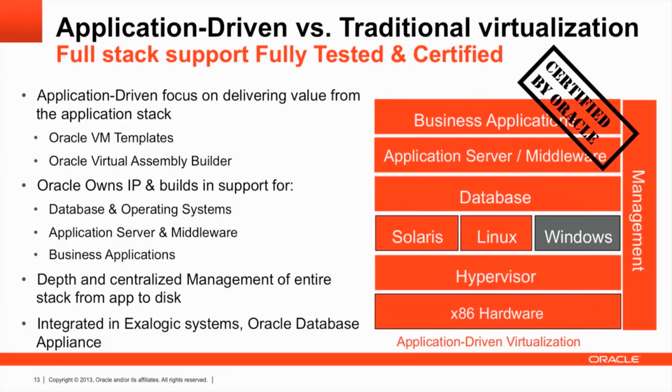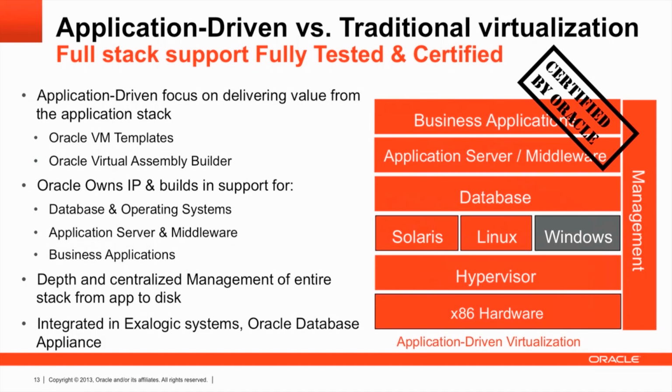Oracle Virtual Assembly Builder is another, and these are the key enablers for allowing for rapid application deployment or rapid private cloud deployment. The second component of that is the hypervisor, or Oracle VM, which has its roots and integrations with the database, the operating system, the application, the middleware, and business applications built in so that Oracle can ship these integrated bundles as single image components that you can deploy in the form of a template.